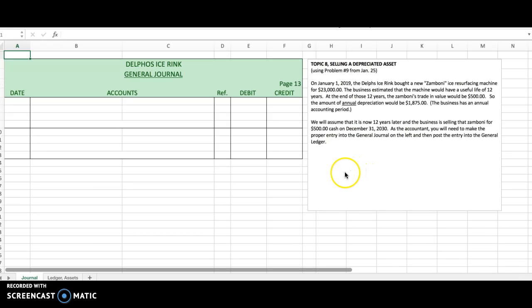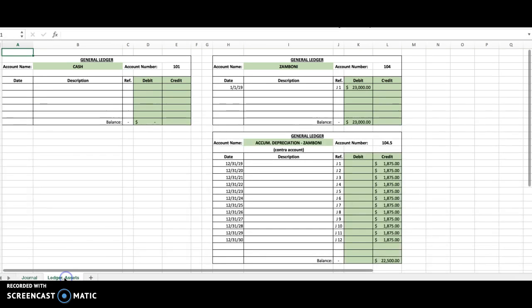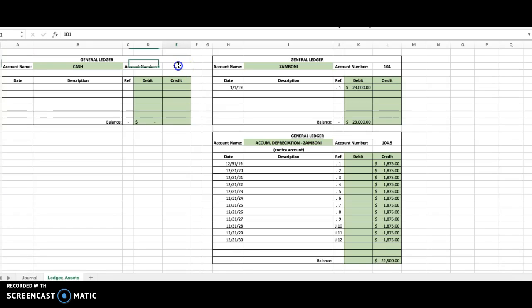Let's take a look at three relevant accounts in the ledger. At the bottom, we have our typical tab. And if we go there, I've shown you just three accounts. One is cash, account 101, and this probably would have a whole lot of entries in it, and they're not relevant to this demonstration, so we're not showing any of those entries in the cash account right now.